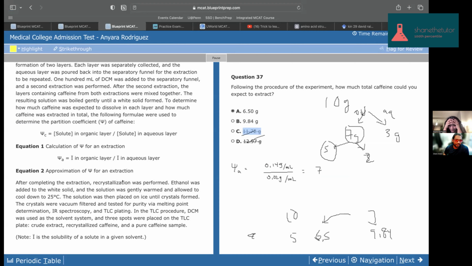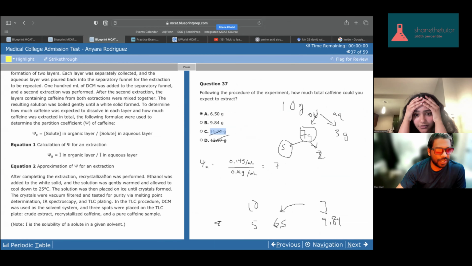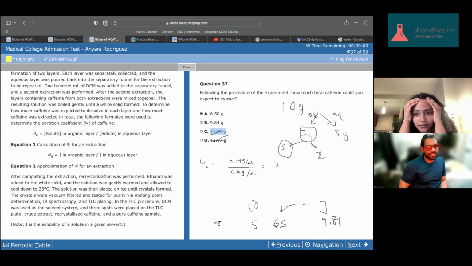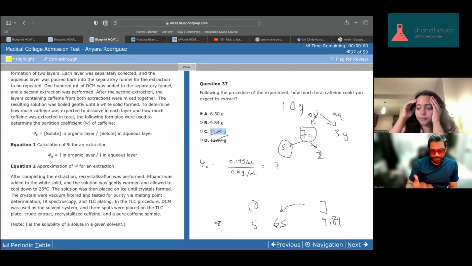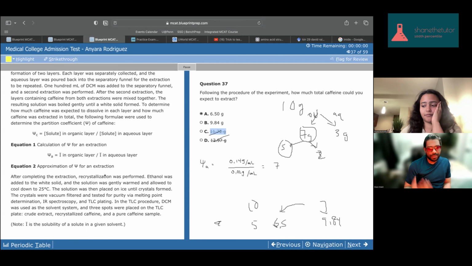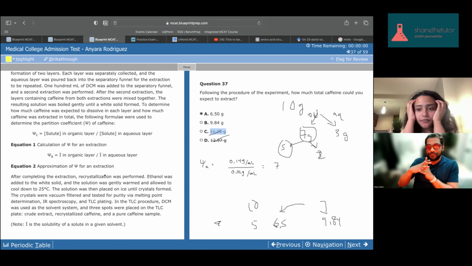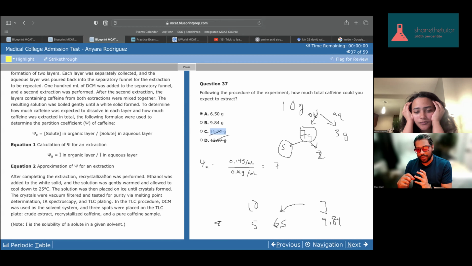I see. Yeah, I wouldn't worry too much about the specifics of the math. I would just think, get rid of C and D, and then from there, with the partition coefficient, we're being told that 7 times more caffeine will be in that organic layer than in the aqueous layer.